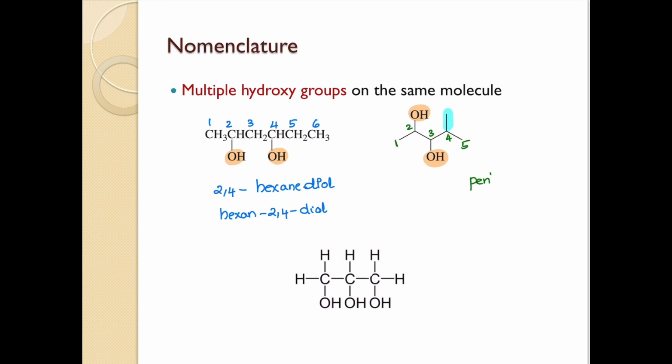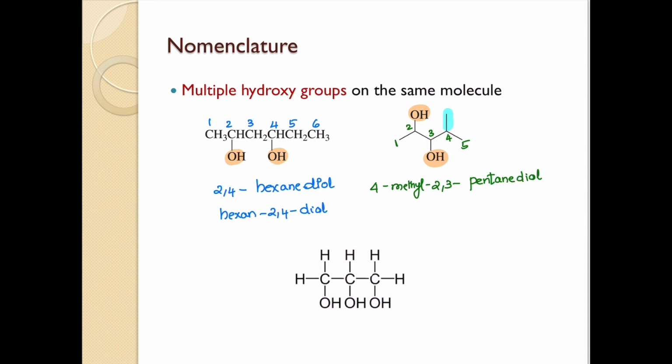And these hydroxy groups are present on the second carbon and the third carbon. So it's going to be 2,3-pentanediol. But you also have a substituent here. The substituent is present on the fourth carbon, right? And therefore it should be 4-methyl-2,3-pentanediol. Or you can put the 2,3 in between pentane and diol. Either way it should be right.